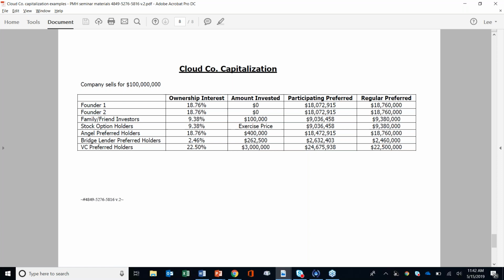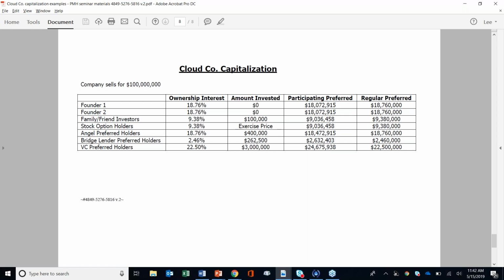The relevant thing to note is between the participating preferred and the regular preferred, because the money is so big, giving those original investors back their $3.625 million has almost a negligible impact on the difference of what everybody receives, including the VC preferred holders.